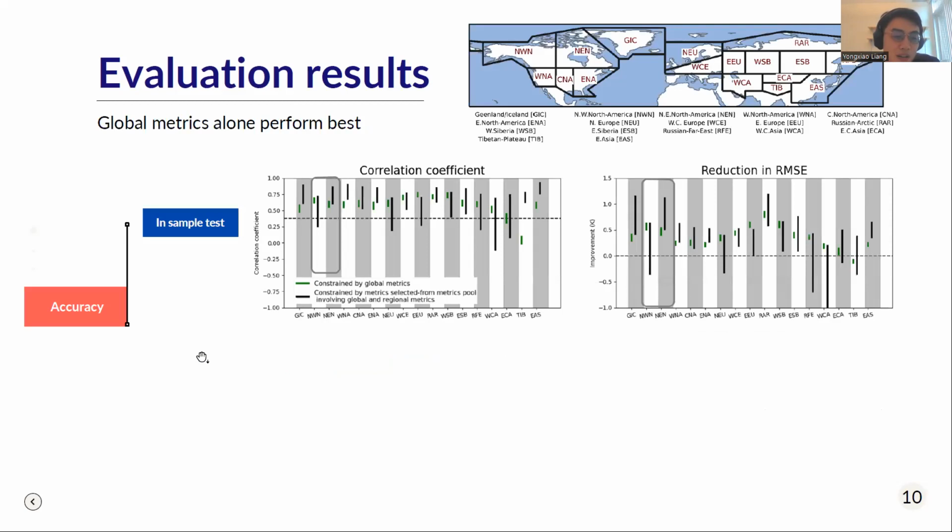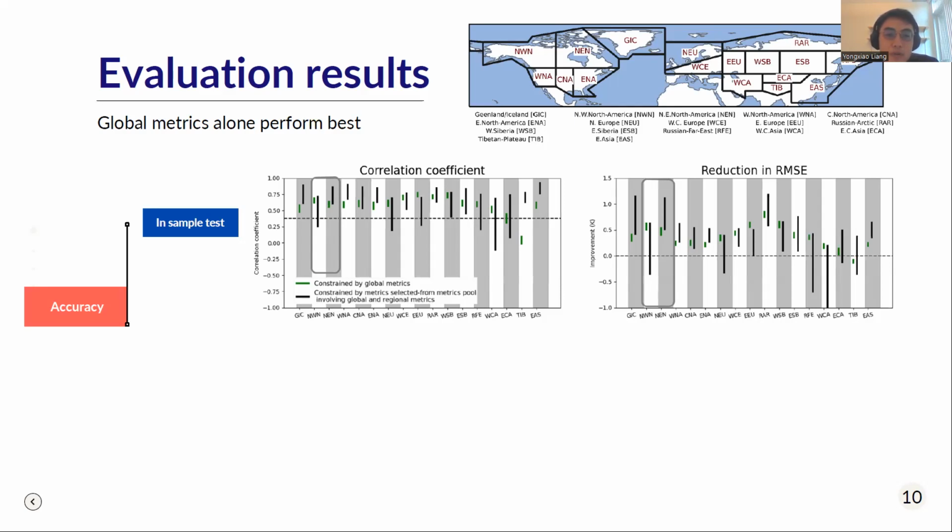Regarding the time, I will only go through the details of accuracy. So here the x-axis shows the different regions, and the regions in the green box are the Canadian regions. If we just apply the global metrics, it is shown by the green bar; if we involve the regional metrics, it is shown by the blank bar.